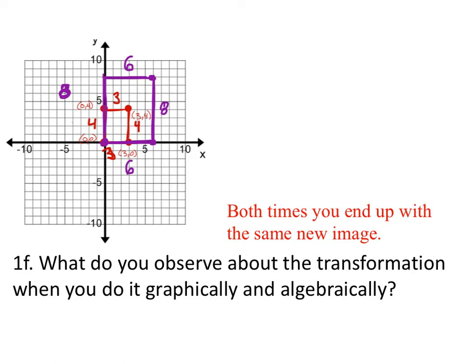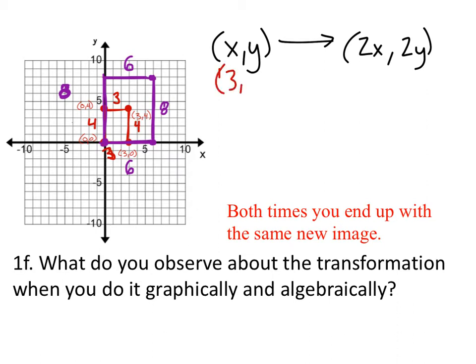Let's look at that algebraically though. Alright, algebraically, and we already saw the rule for this one. So the rule shows that it's doubling the x's and y's. So if we looked at the points, for example, we can start with 3, 0 on the red shape.